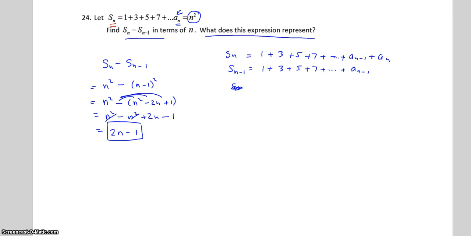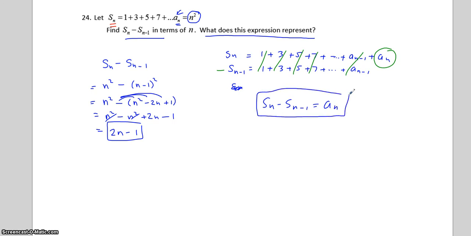And now when we subtract these, you can just see that that's going to cancel, cancel, cancel, cancel, cancel, and all you're left with is the nth term. So S of n minus S of n minus 1 just gives you the nth term in the sequence. We went through that a few times in class, but hopefully this visual, when you see all these terms knocking out when you do the subtraction, helps cement why that's the case.